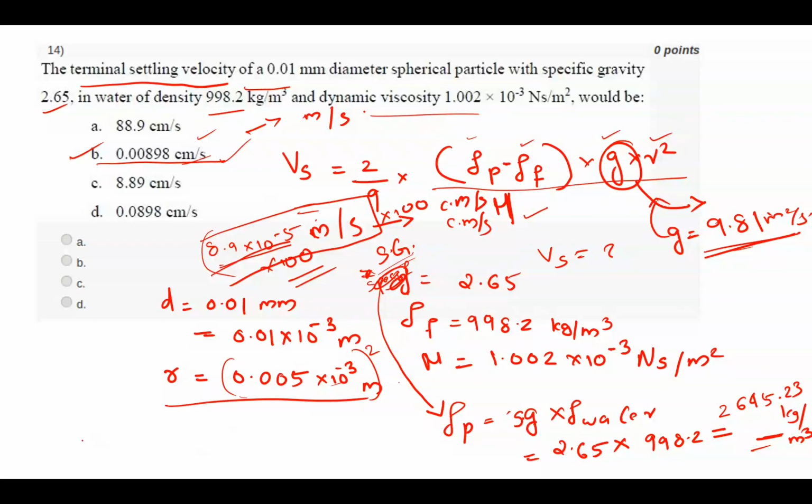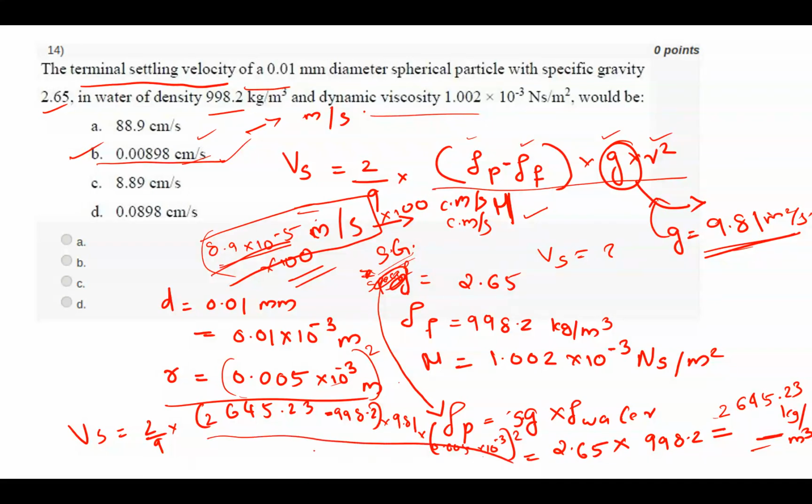So here Vs is equal to 2 by 9 into (2645.23 minus 998.2) into 9.81 into r, 0.005 into 10 to the power minus 3, the whole square, divided by 1.002 into 10 to the power minus 3.